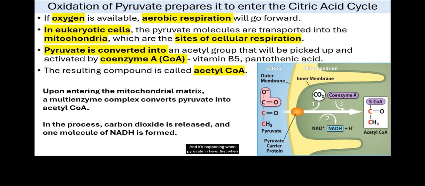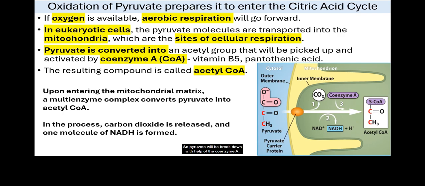And it's happening where pyruvate, first produced in the cytosol, is moved. This shows part of the mitochondria, outer membrane, inner membrane with matrix. Pyruvate first will be moved through the outer membrane, then it will use a special transmembrane protein called pyruvate carrier protein to move pyruvates through the inner membrane to the inside of the mitochondria, and in here will be the conversion.